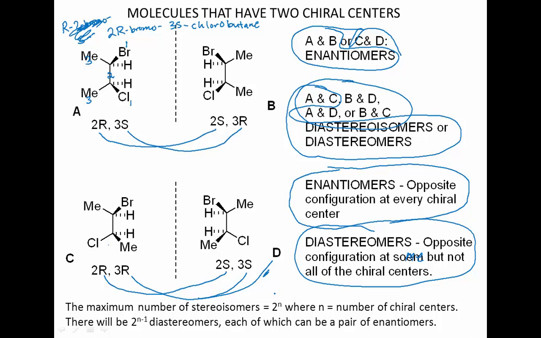This is an important equation: the maximum number of stereoisomers equals 2 to the n, where n is the number of chiral centers. Among these, there'll be 2 to the n minus 1 diastereomers, each of which can be a pair of enantiomers. We'll see why being diastereomers is a bigger deal than being enantiomers a little later in this video.